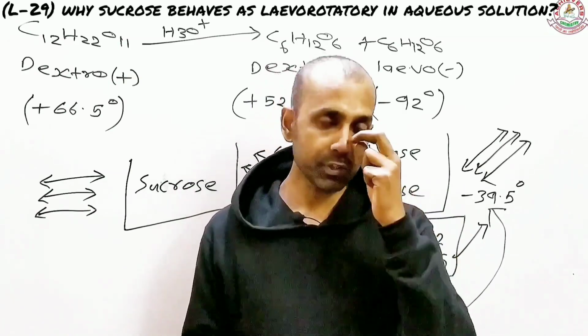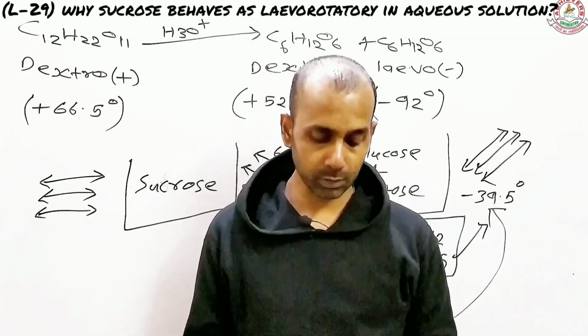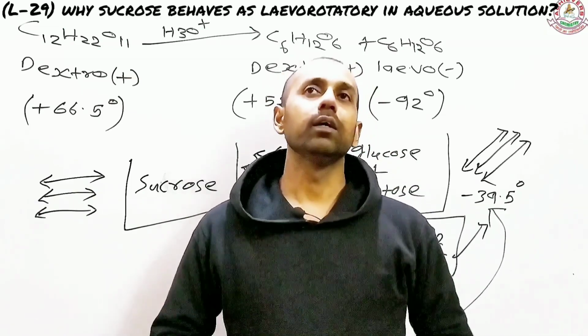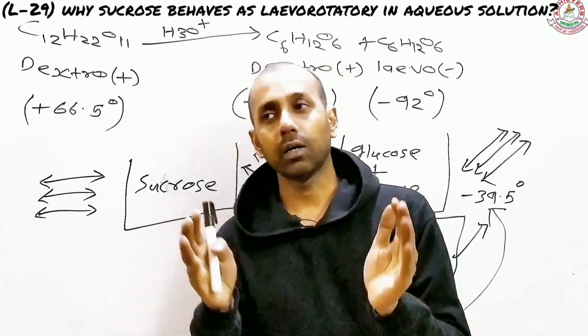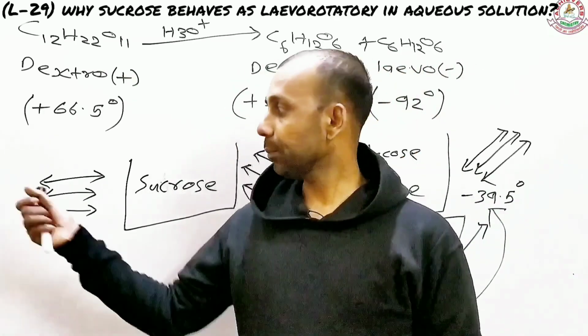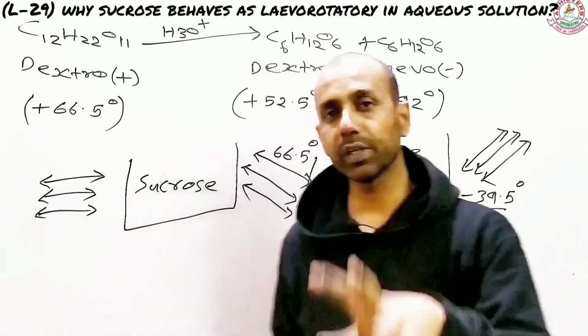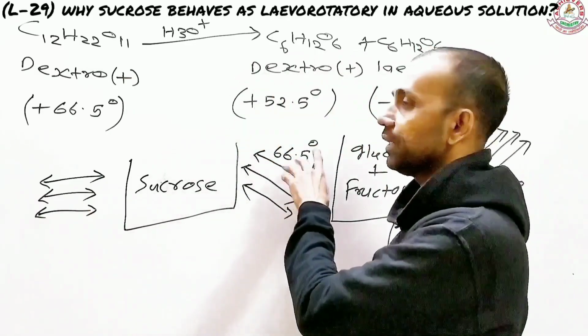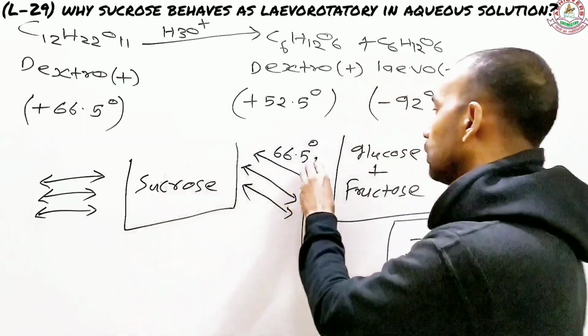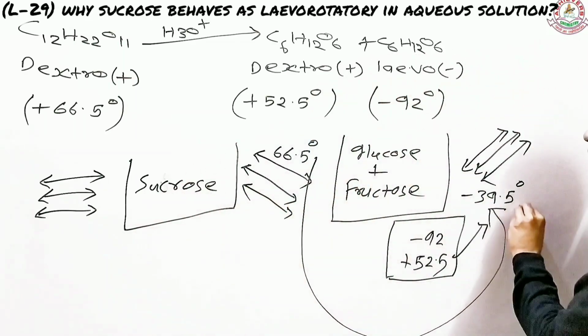I hope I made it as simple as it could be. In case you have a problem, let me repeat. When a sucrose solution is observed, and plane polarized light is passed through it, the rotation is observed to be 66.5 degree towards the right. But after some time, the overall rotation changes to minus 39.5.